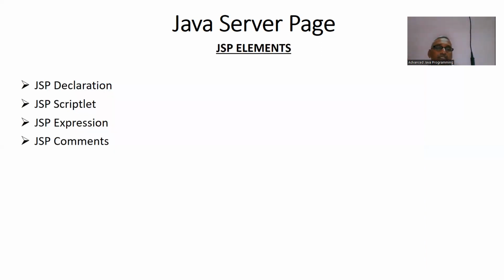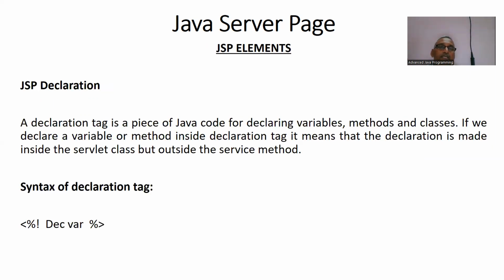JSP elements: the four types of elements are declarations, scriptlet, expressions, and comments. Like JSP declaration, JSP scriptlet, JSP expressions, and JSP comments. Next, JSP declaration. A declaration tag is a piece of Java code for declaring variables, methods, and classes.